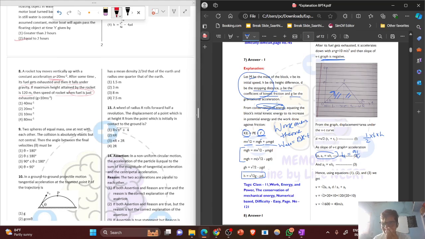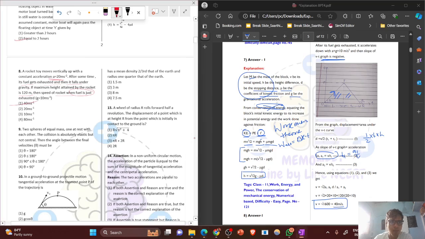We can put the values of acceleration, A1 and A2, and then calculate the value of velocity. That will come out to be 40 meter per second. So you can do this question by using the graphical method. The correct answer will be option number first.